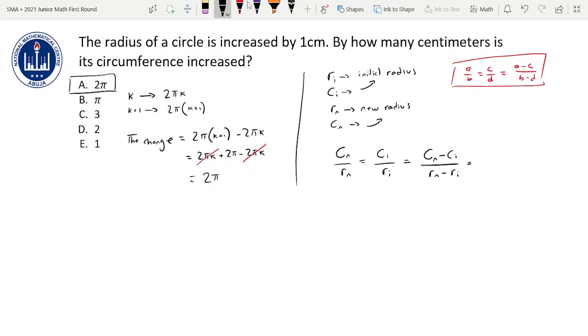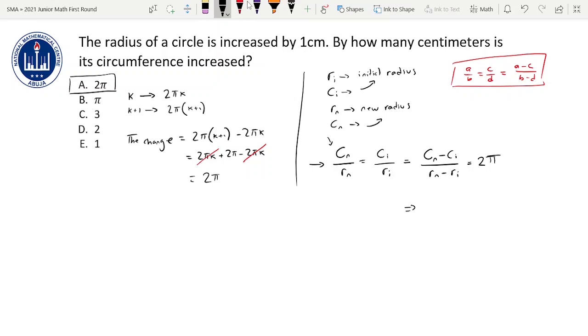Since Cn over Rn is the ratio of the circumference to the radius of that circle, all these three terms we have here are equal to 2 pi. So we'll have Cn minus Ci over Rn minus Ri equals 2 pi.